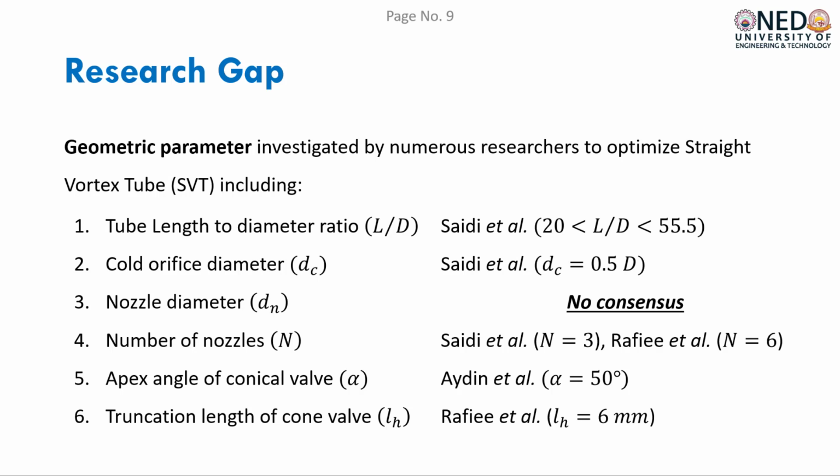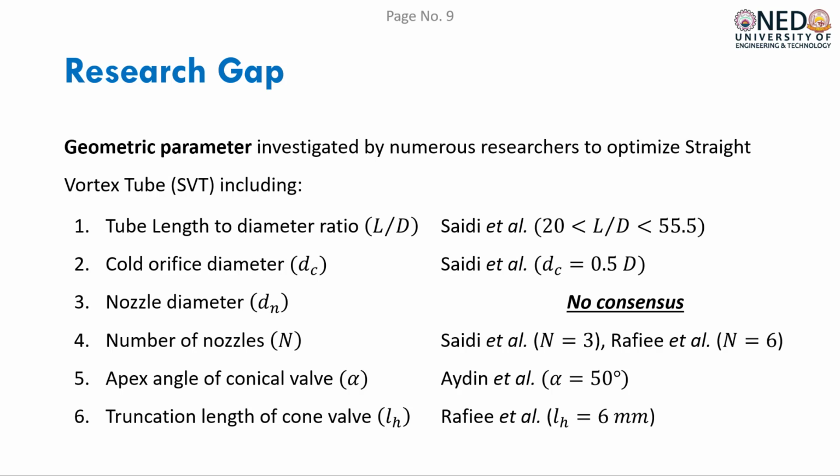Saidi and Valipur performed experimental investigations and found many optimum geometric parameters including length to diameter ratio, cold orifice diameter and number of inlet nozzles. They found that the length to diameter ratio should be between 20 and 55.5, whereas the cold orifice diameter should be half of the tube diameter.